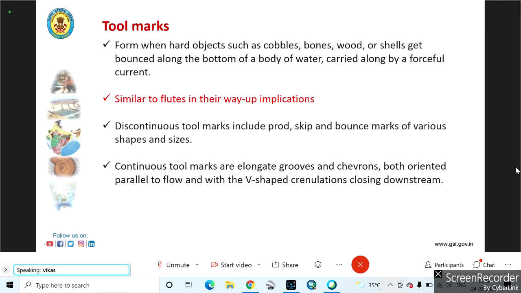These tools can be cobble, pebble, or any larger grains, or wood, bone, anything. They will be hitting the bottom surface of the sediments, and they will mark it. These continuous tool marks are elongated grooves or chevrons, both oriented parallel to the flow. They will also indicate the flow direction sometimes. Next, please.